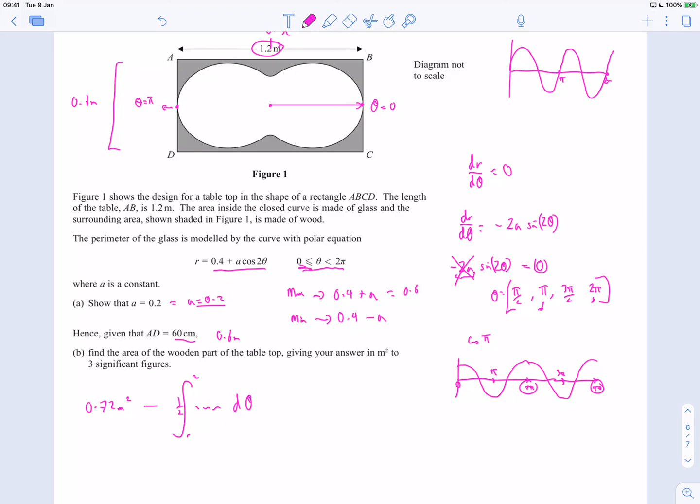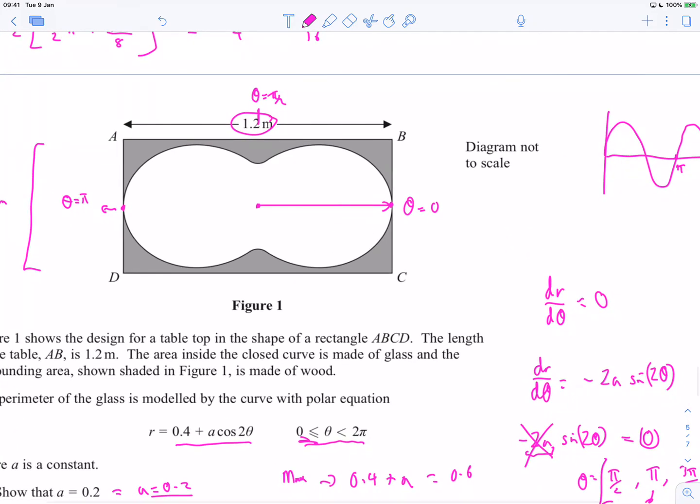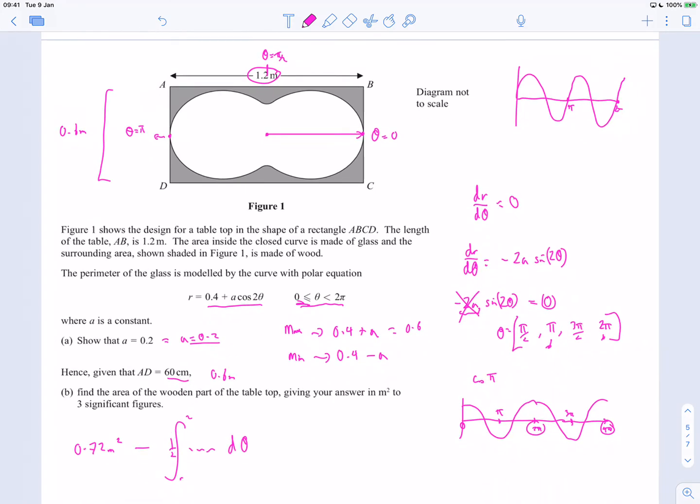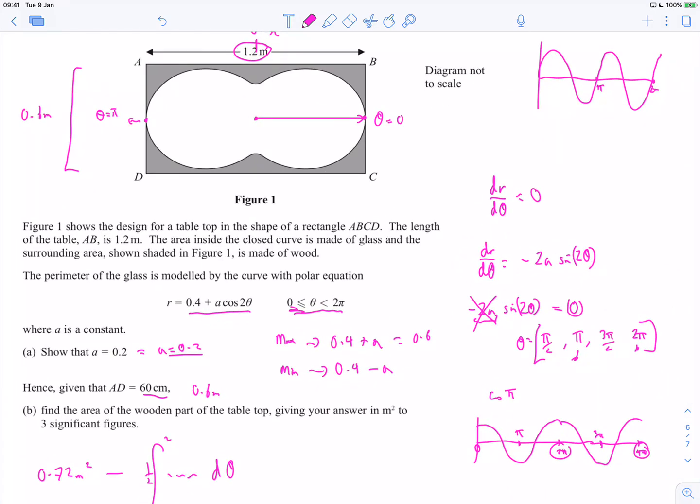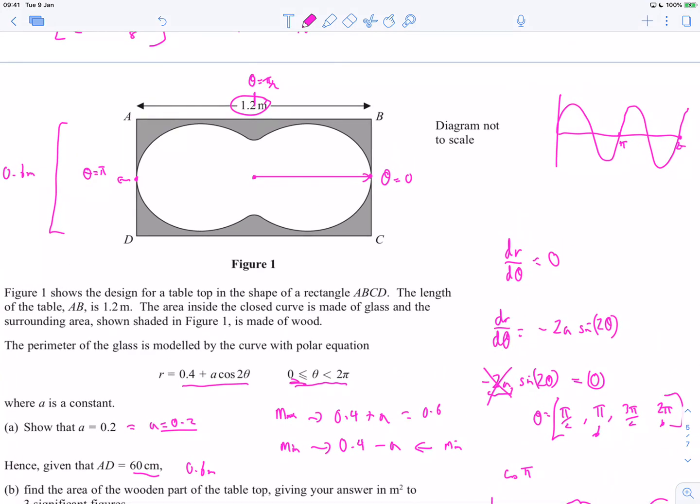There's a lot of radially symmetric things going on here. For example, to make things a little bit easier, I knew that this is clearly the minimum, right? So this point here where the first minimum is, that must be when theta is pi over 2.